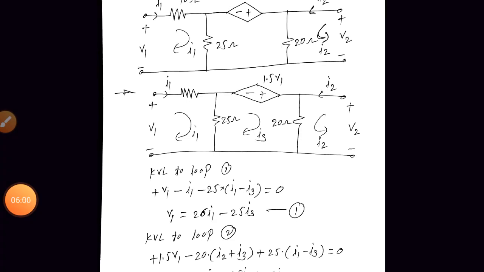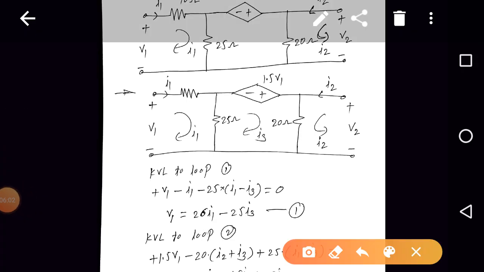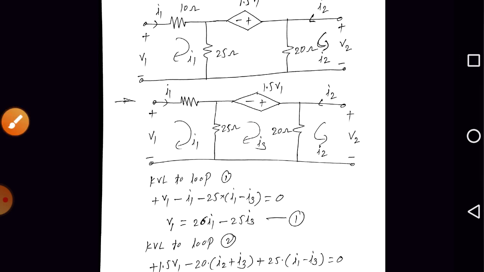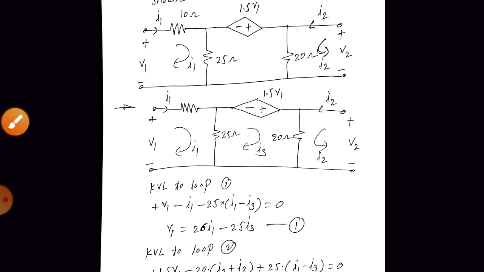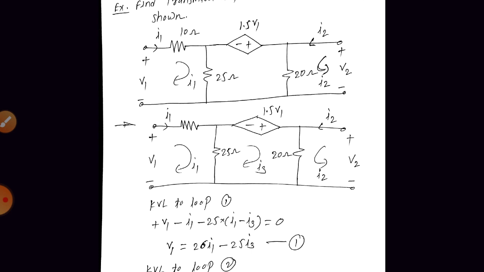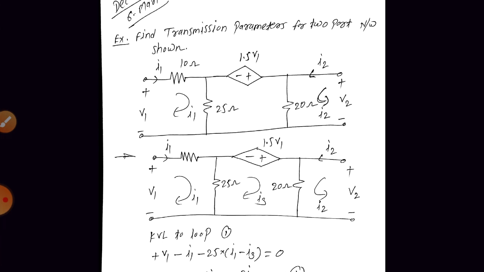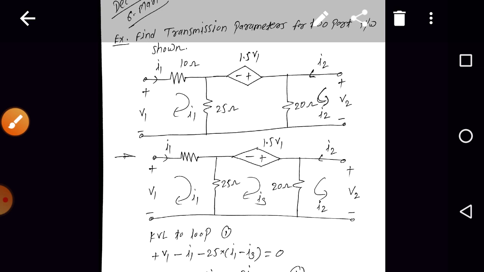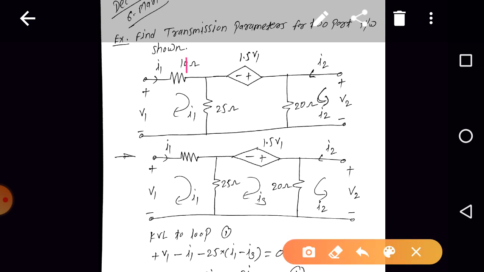If we apply KVL to loop 1, we get plus V1. Sorry, it is better to replace this 10 with 1.